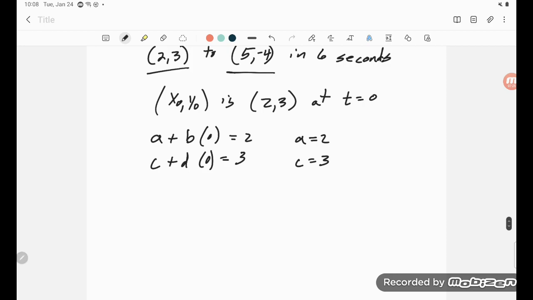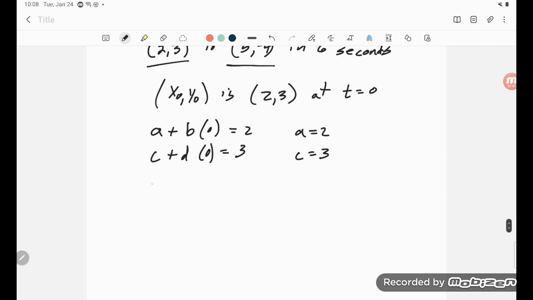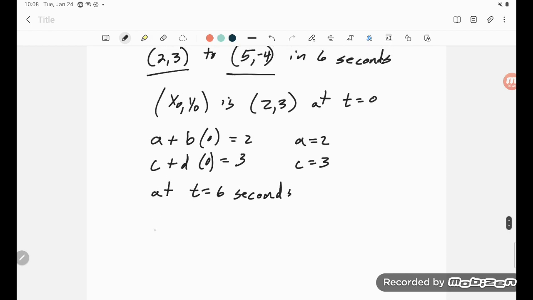And then after that, we've got our 6 seconds. At t equals 6 seconds, 2 plus B times 6 is equal to 5.